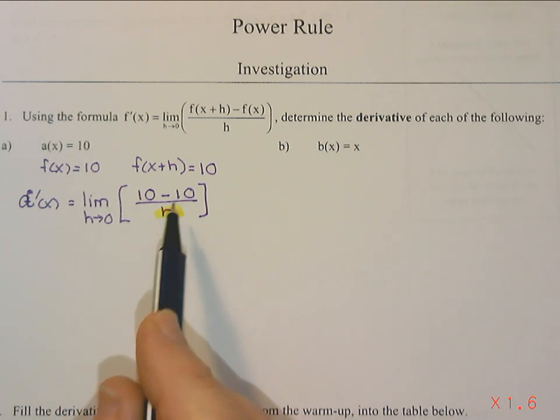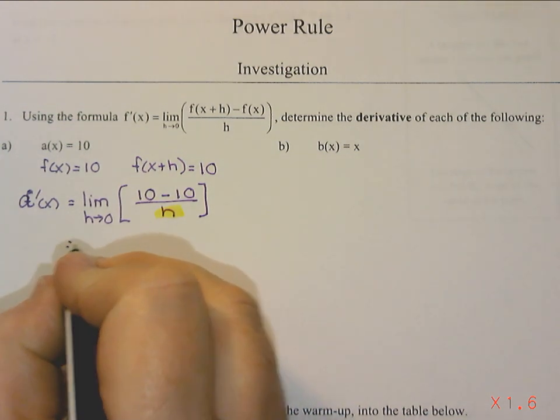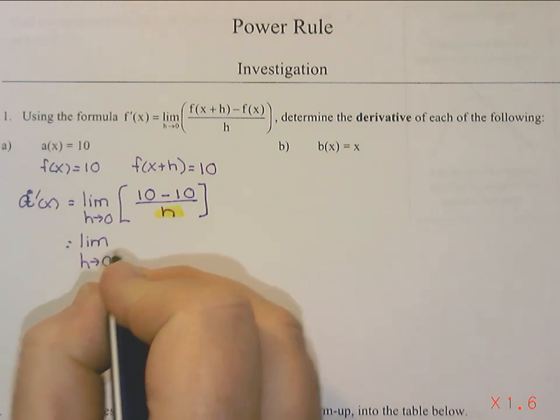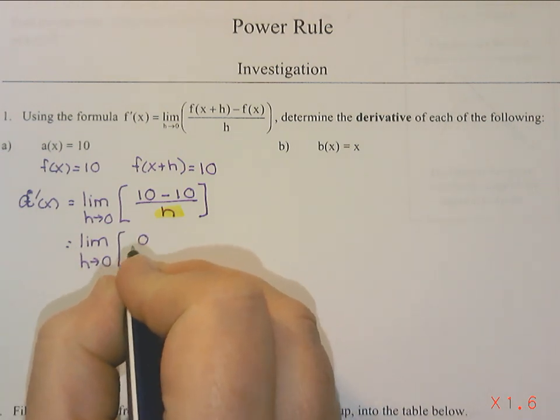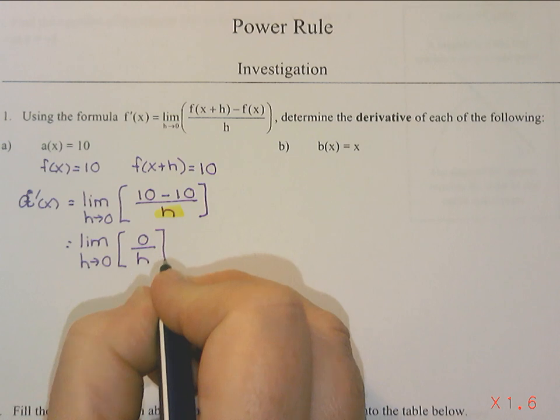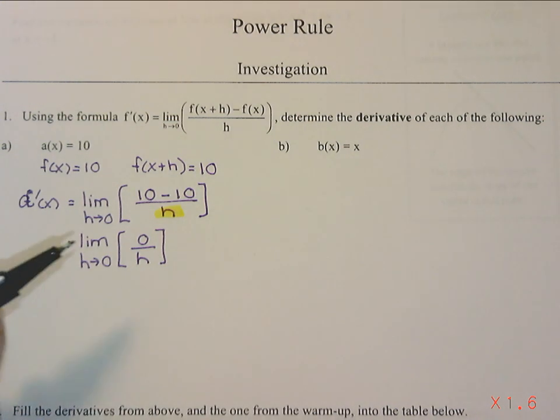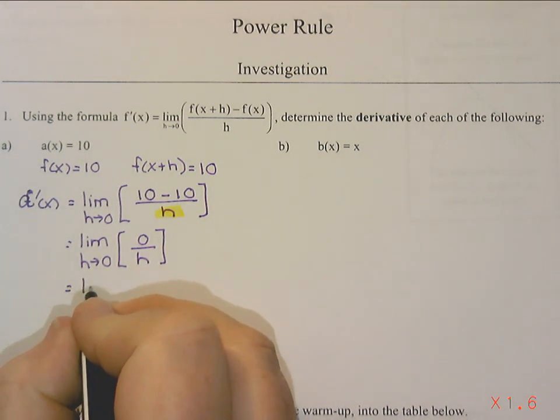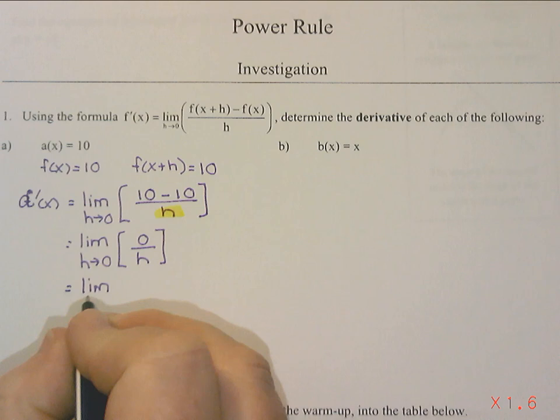So 10 take away 10 is 0. So I have the limit as h approaches 0 of 0 divided by h. Now I don't have an h in the numerator to cancel with, but 0 divided by anything is 0, right? 0 divided by 2 is 0. 0 divided by 10 is 0.